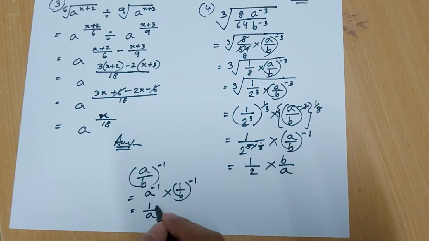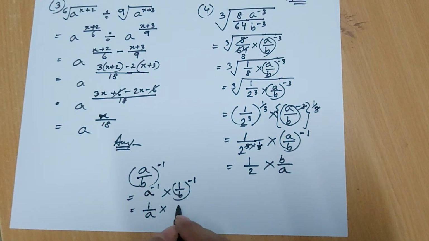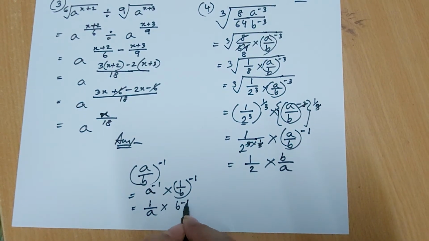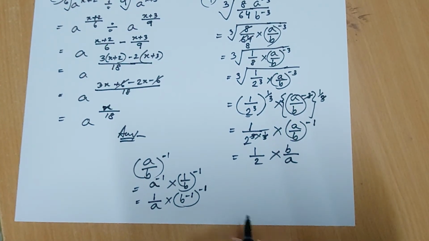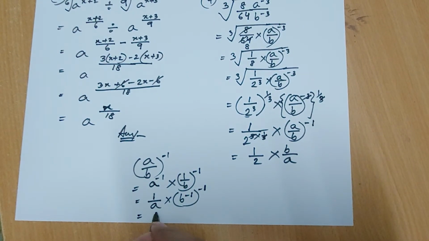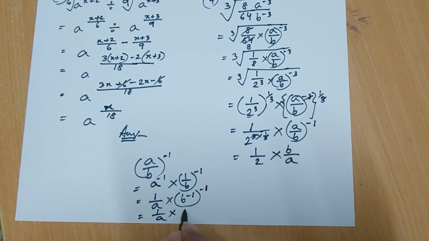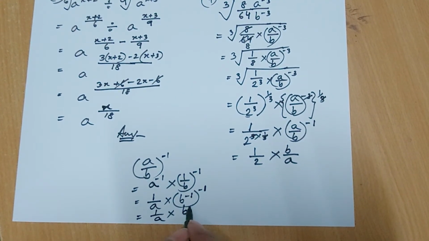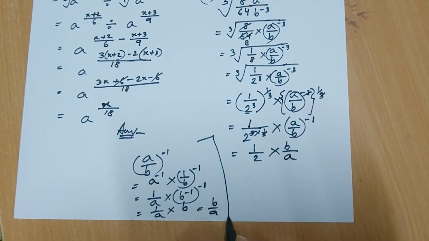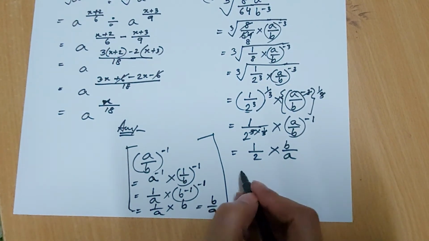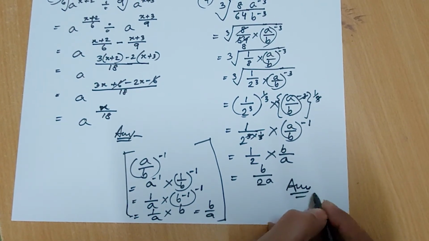So a power -1 equal to 1 by a, and b is 1 by b. So b is having -1 as a power and raised to -1 again. So it is 1 by a, and -1 into -1 equal +1. So it is b with +1. So it is b by a, and that happened here. So we have b by 2a as the answer.